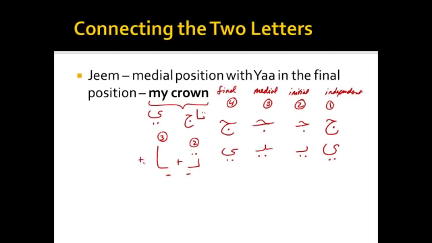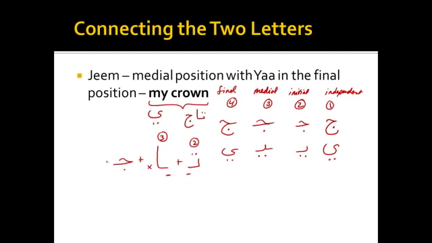Now, we're going to add the jeem. So because it's taji, so the j, taj, taji, the jeem. Now, the alif doesn't connect to what comes after it. So we have to use an initial jeem here. So the jeem is going to look like that.